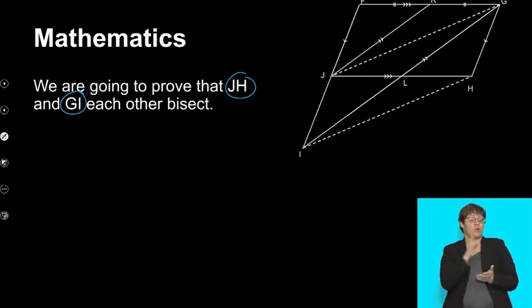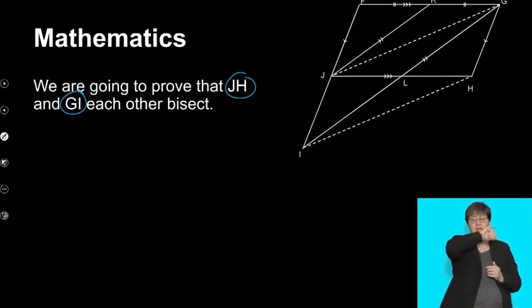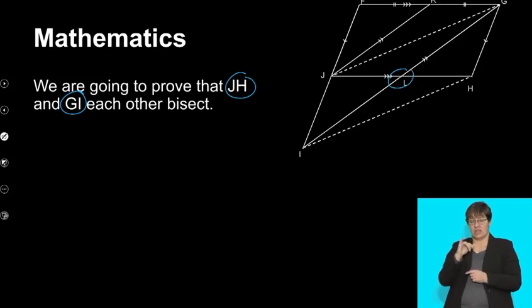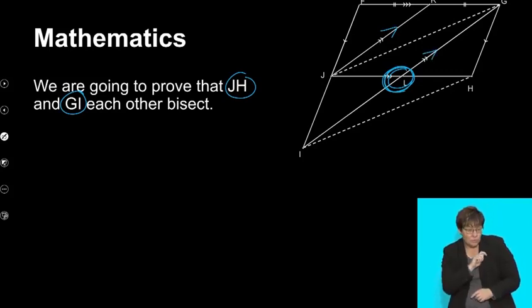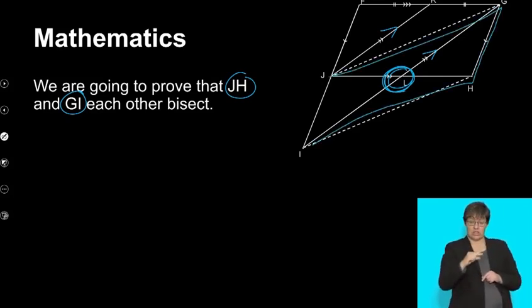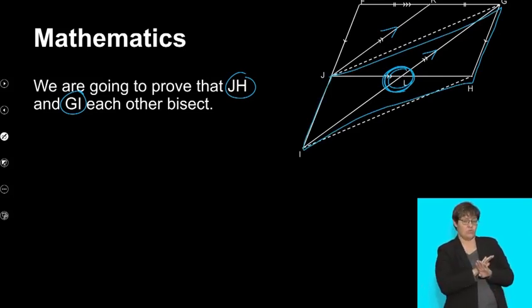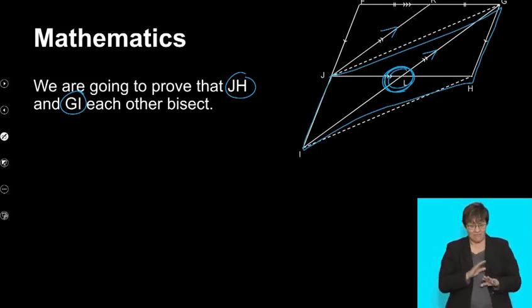So if I want to prove that these are bisecting each other, that's JH there and GI, this point here must be a point of bisection, right? But what do I know so far? I know that this side is twice that side there, right? So if that is the case, then I will need to see whether JGHI is a parallelogram or not. Because if it is, then I will have proven what they want me to prove.